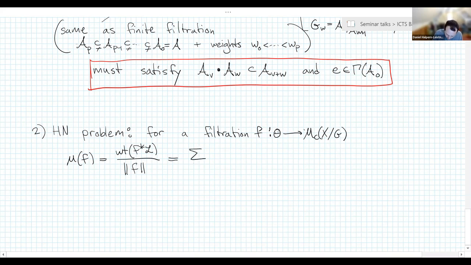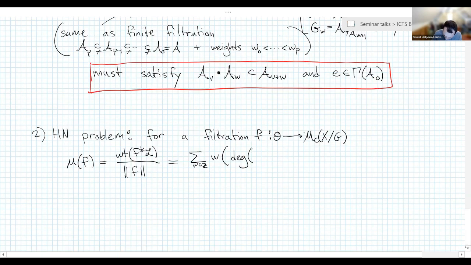So it's the sum over W and Z of W times the degree of the Wth graded piece minus d over n minus delta. So this delta is actually a parameter that doesn't show up too often in the bundle case, but it's very useful when you have a target x.